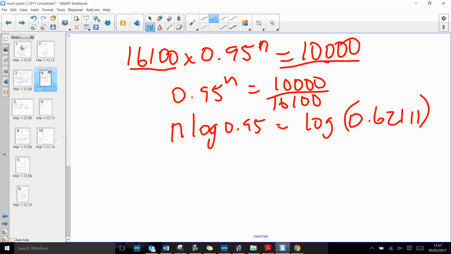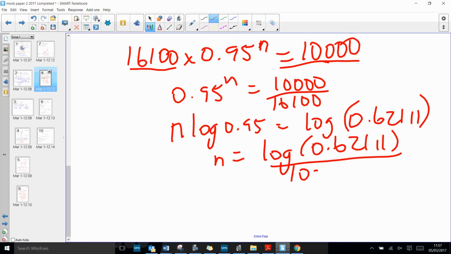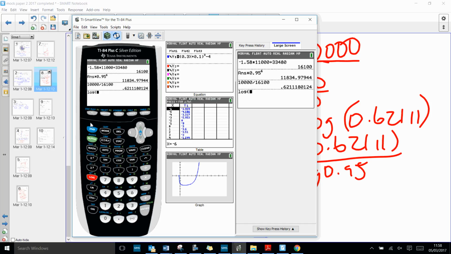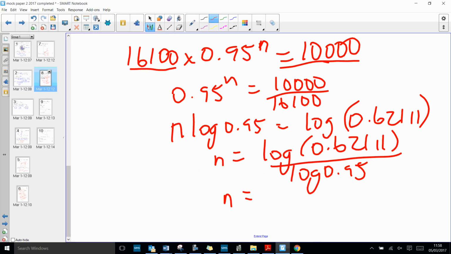Try and have as many digits as possible to make sure you're not rounding too early. So log of that value, divided by log of 0.95 is 9.28.